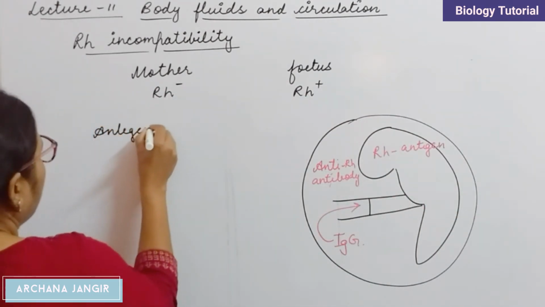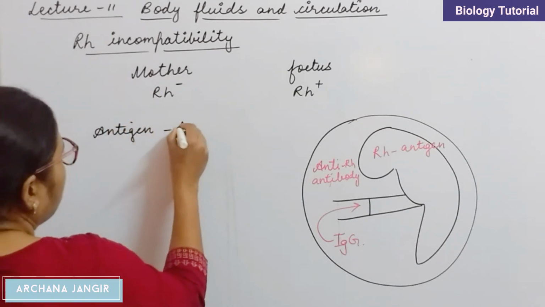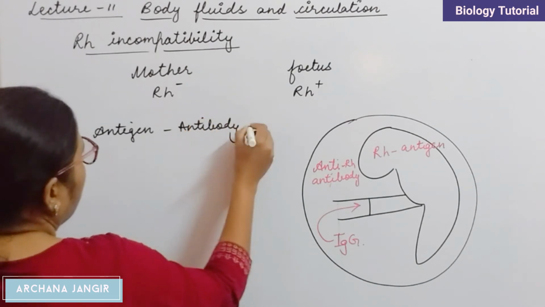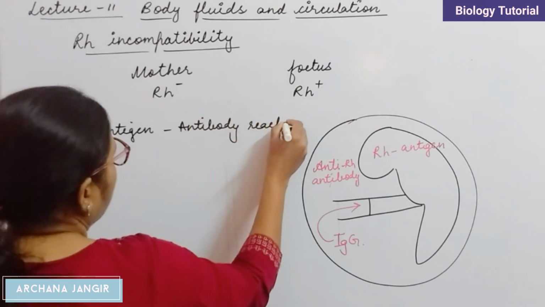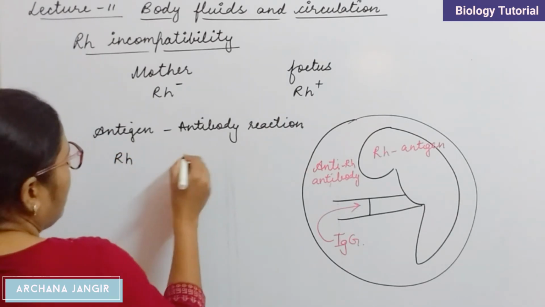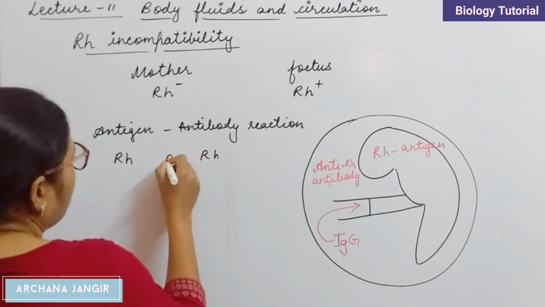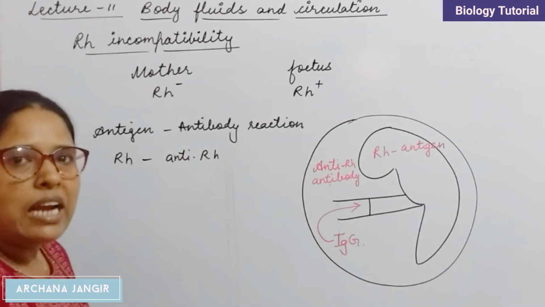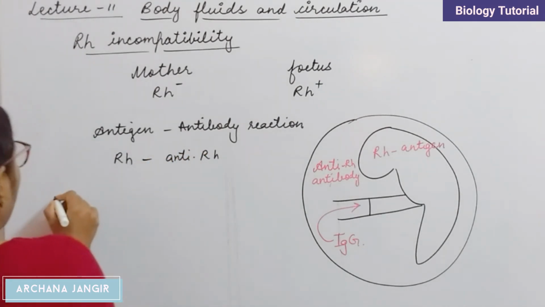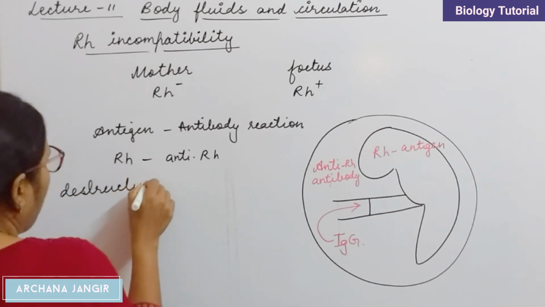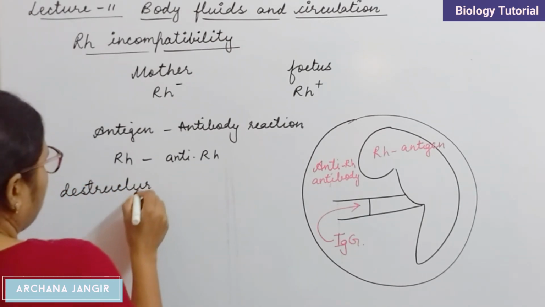So here the antigen-antibody reaction is going to take place. Again Rh antigen and anti-Rh antibody. The reaction is going to take place, and this reaction leads to the destruction of RBC, and this is the severe case.